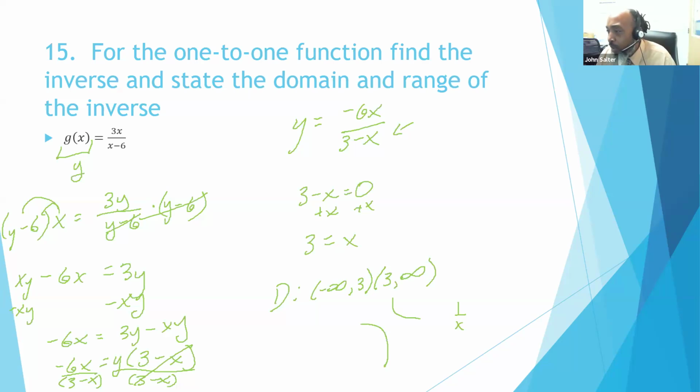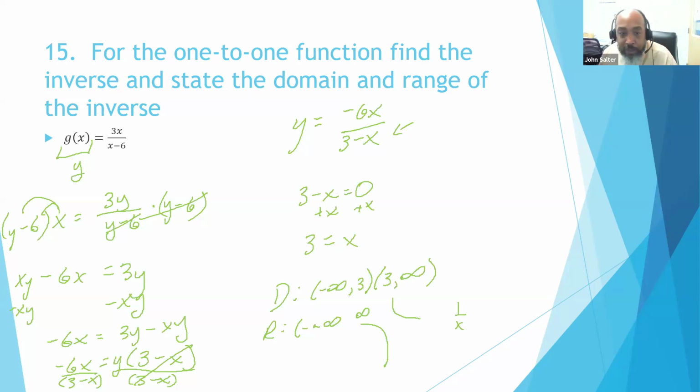So what would my range be? My range theoretically should be from negative infinity all the way up to positive infinity, but somewhere in there, I'm going to have an asymptote. I'm going to have something that doesn't actually work.